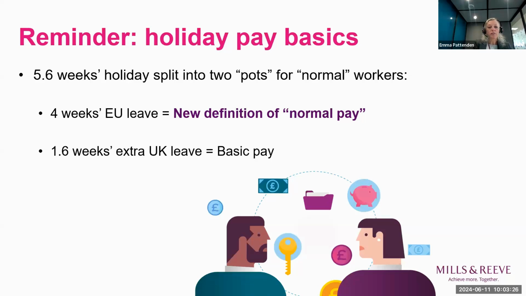We have 4 weeks of EU leave, which needs to be paid in accordance with a new definition of normal pay. And then the 1.6 weeks of extra UK leave on top of that, which can still be paid at basic pay. These rules and the other rules will be modified for atypical workers where their holiday year begins on or after the 1st of April this year, and Abizola will cover that later on in the talk.